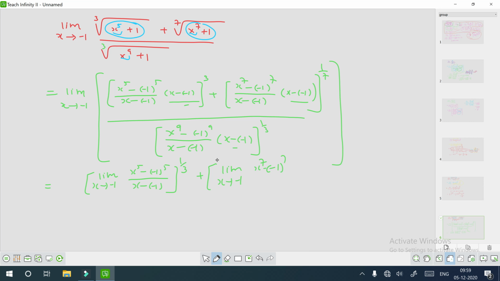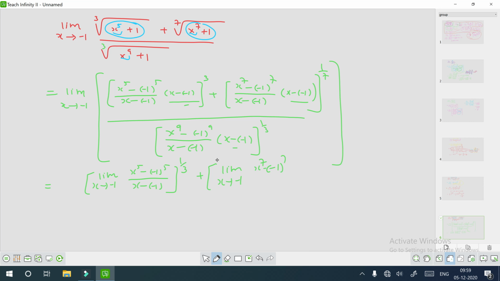What do we get as the answer? (-1) raised to 5 into ((-1) raised to 4) whole raised to 1 by 3 plus (-7) into ((-1) raised to 6) raised to 1 by 2 into 0, because x tends to -1, 0, over (9 minus (-1) raised to 8) raised to 1 by 3.